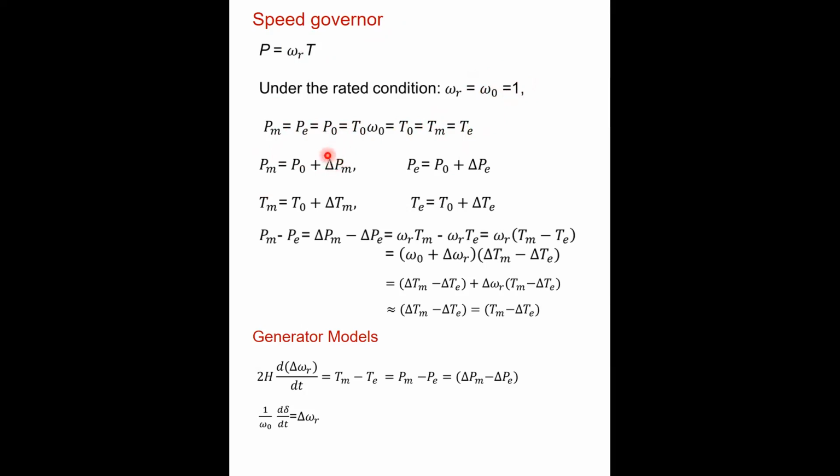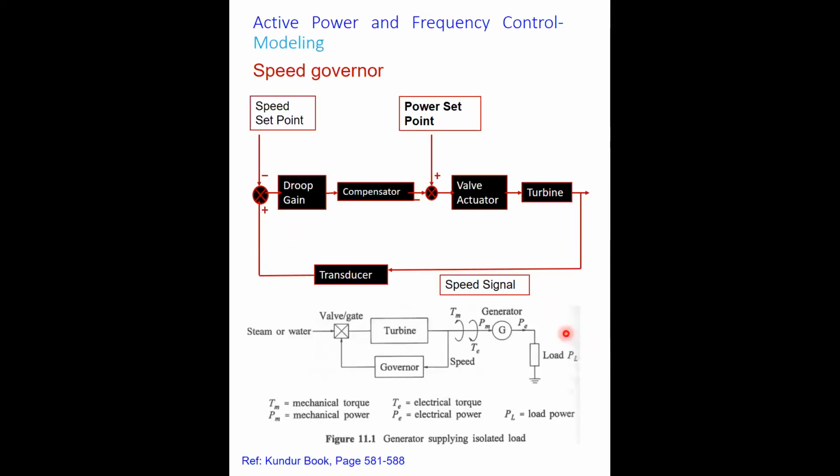But if there is some disturbance, let's say a small change in the mechanical power, and in the same way you have a small change in electrical power, then this is translated into torque. So this is a small change in the mechanical torque and the electromagnetic torque. Now we take out the difference. This will be the power. Remember, you will get it on the generator output here.